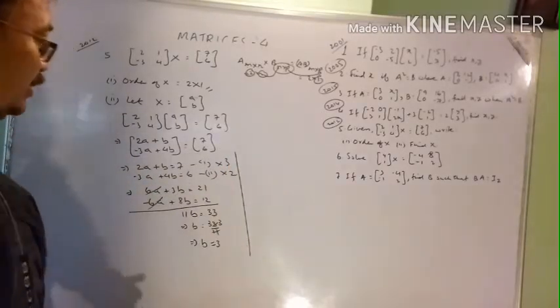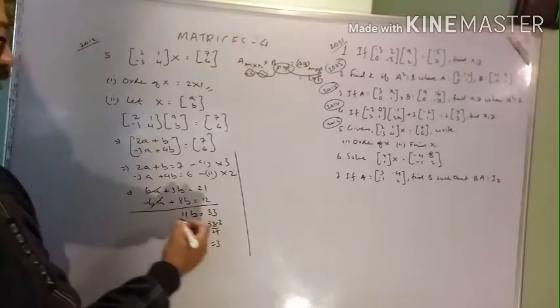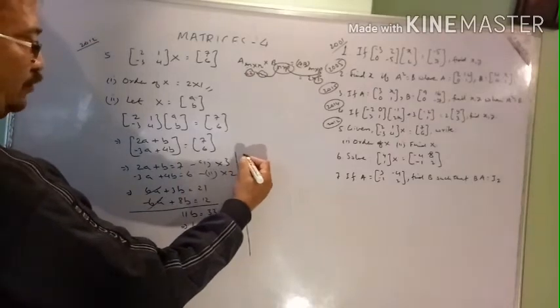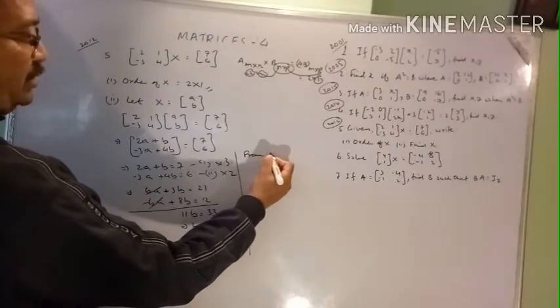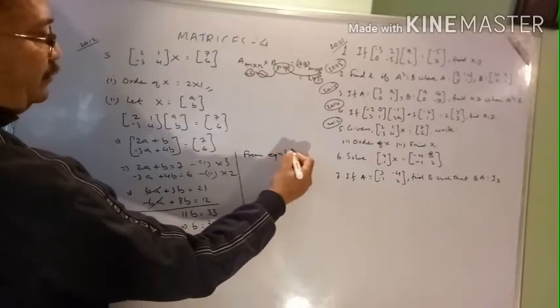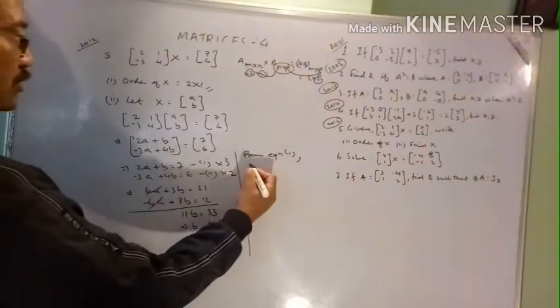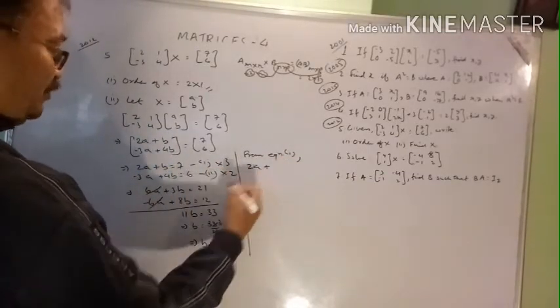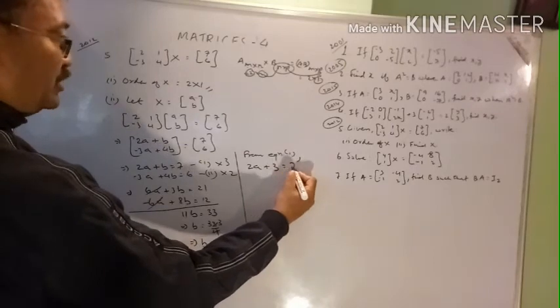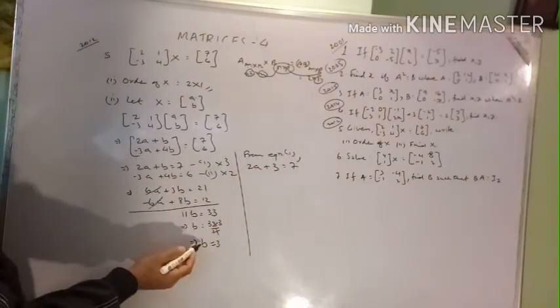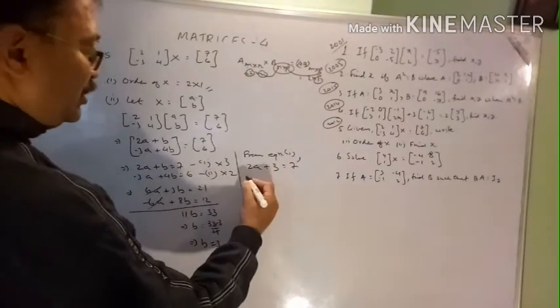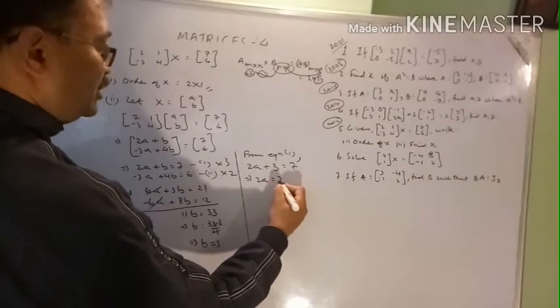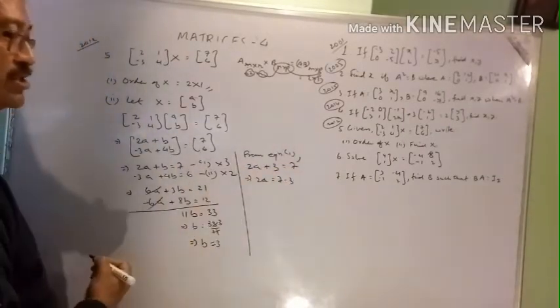Okay. Now we put the value in equation 1 and find the value of A. Equation 1 is this one. So 2A plus B, we put the value 3, equal to 7. So this implies 2A is equal to 7 minus 3, as 3 goes to the other side changing the sign.